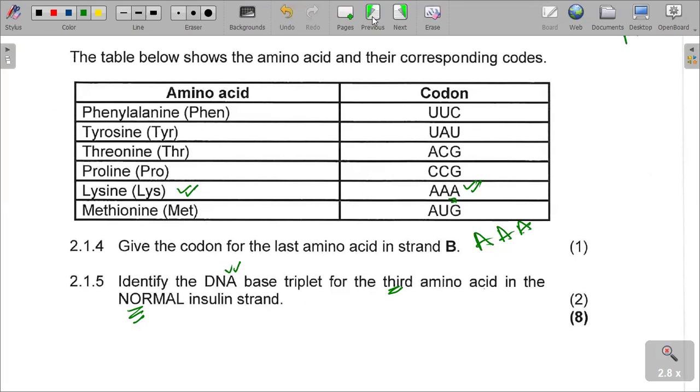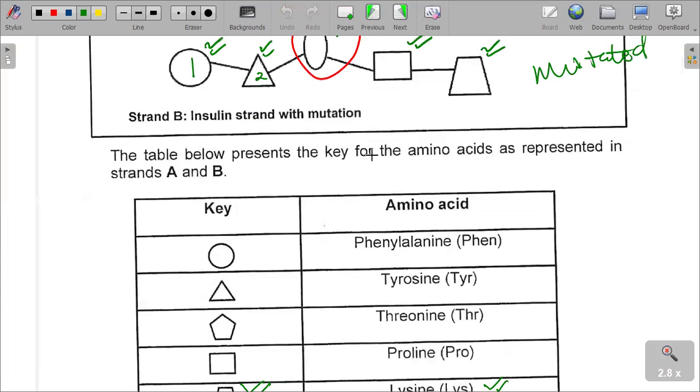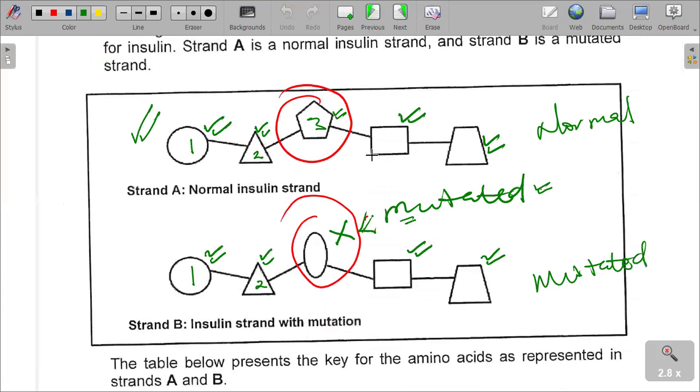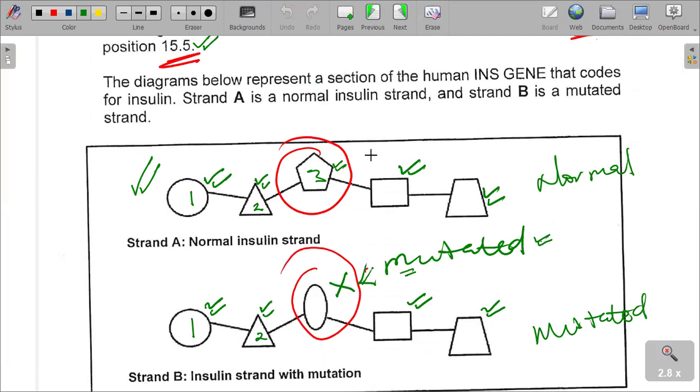So you must refer back to your diagram of the amino acids, which is given in this regard. We are saying on the normal strand, this is our normal strand. Our normal strand, as I've indicated already, is given as this one.